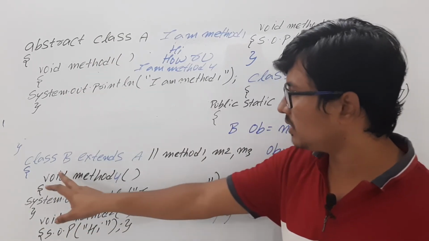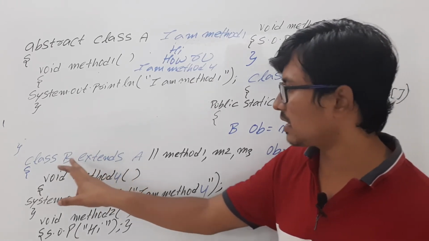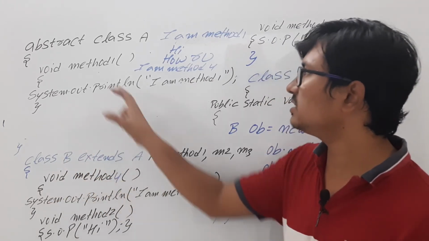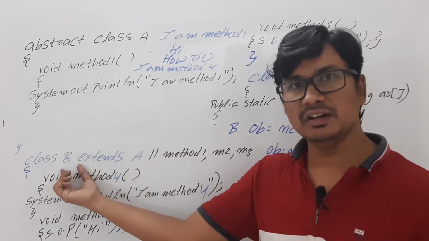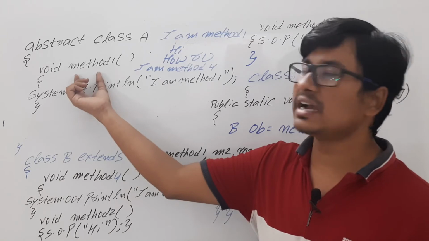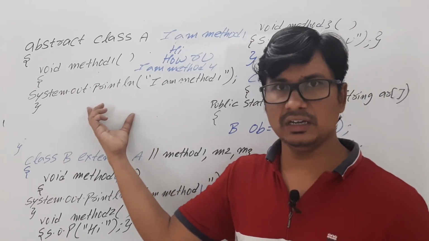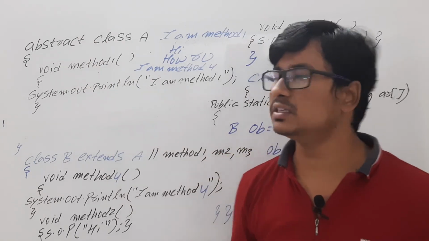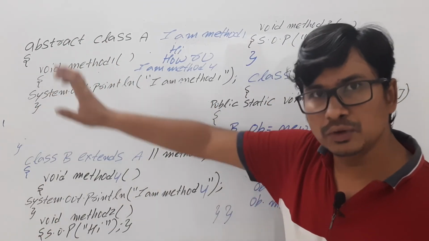But when you extend this class A, that means class B, which is the child class, extends class A, then you can create an object for class B and can access this concrete method. So this is one feature. But the problem is that for this class you cannot create an object. You need to use inheritance.